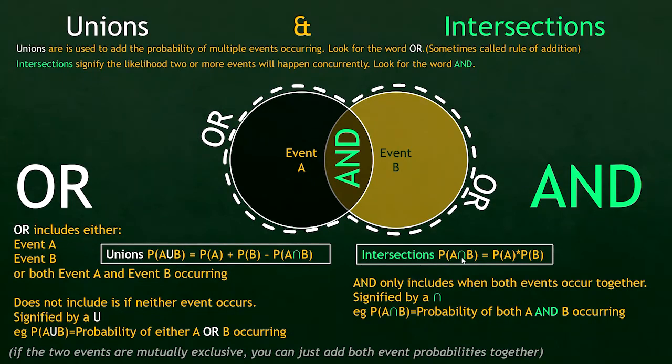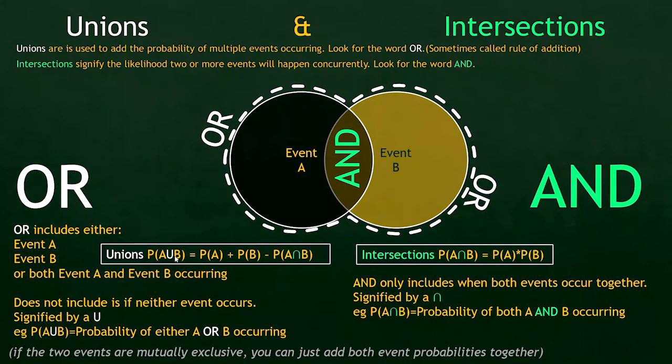And intersection, it's upside down, and so it only includes the intersection of A and B. It doesn't include A, it doesn't include B, it only includes the intersection of A and B. And so I look at the U and I say, oh, you can fill it up, it's a lot bigger, with everything else that's associated with A and B, and then the intersection, like I said, it's upside down. That's showing the intersection. You can only include the intersection of A and B, nothing else is included.